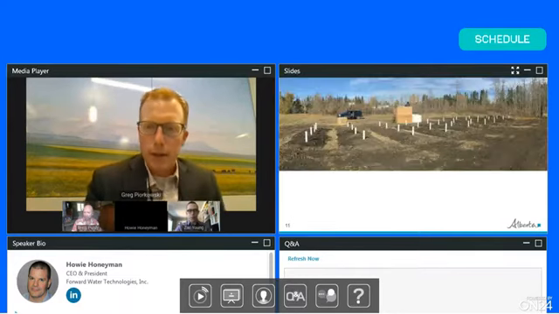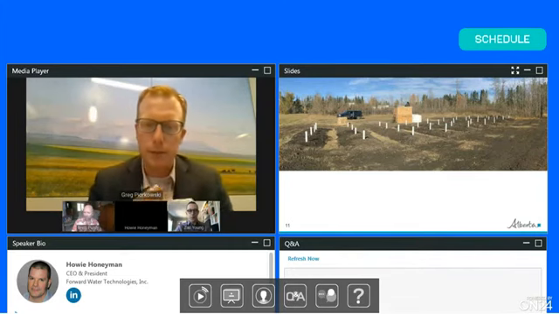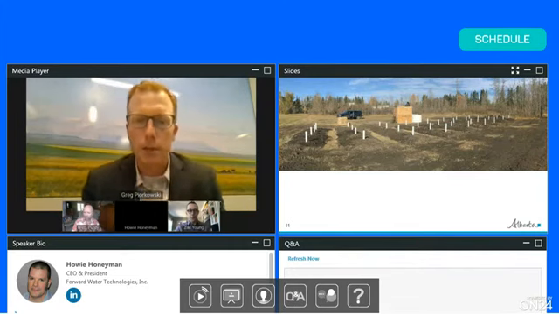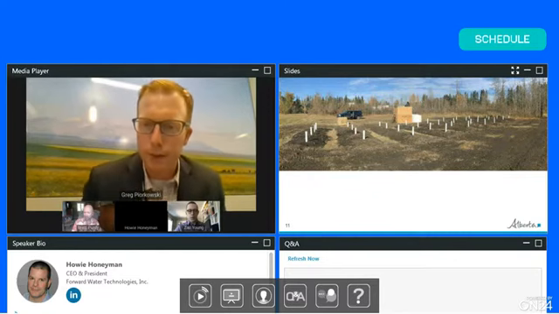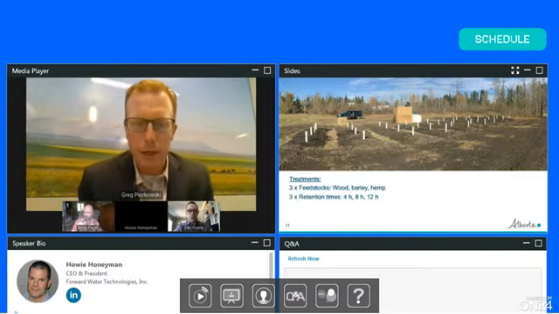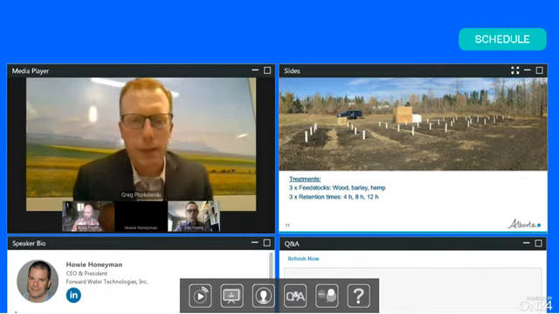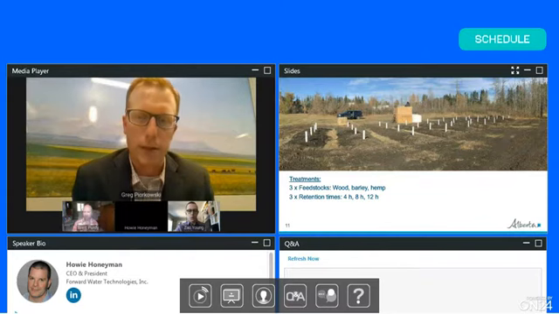So this is our area just north of Edmonton at the Crop Diversification Center. We have 9 systems there, and within those 9, we have 3 different feedstocks that we're trialing: wood, barley, hemp, and 3 different retention times at 4, 8, and 12 hours. That's just how long the water takes to go from the inlet to the outlet end.